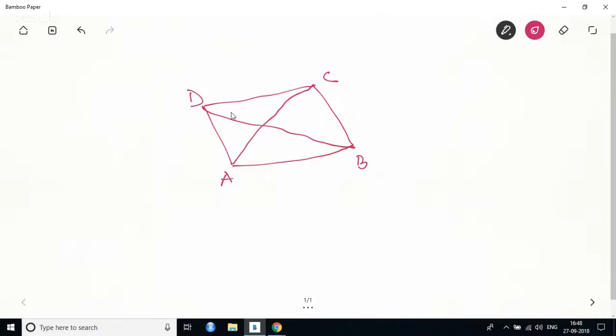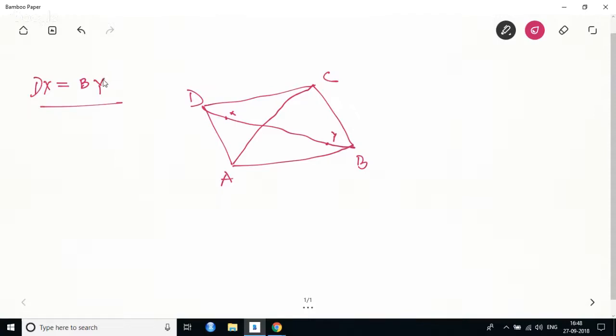And they are saying that X and Y are 2 points on the diagonal BD. So suppose this is point X and this is point Y, such that DX is equal to BY.